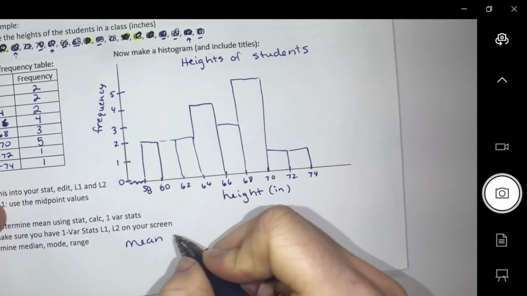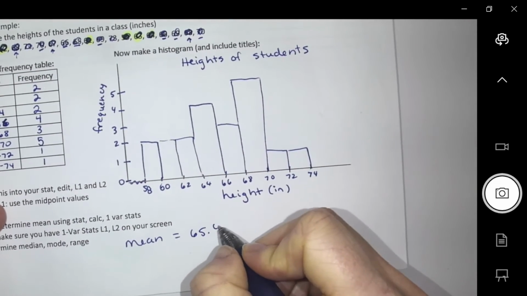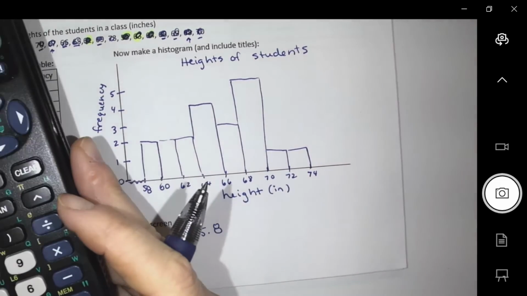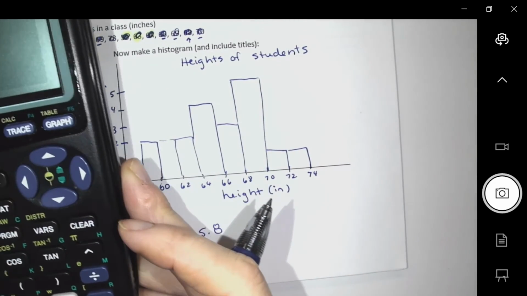So the mean is 65.8. I didn't get that. Then something must be different than what you typed in. Anybody else matching my 65.8?